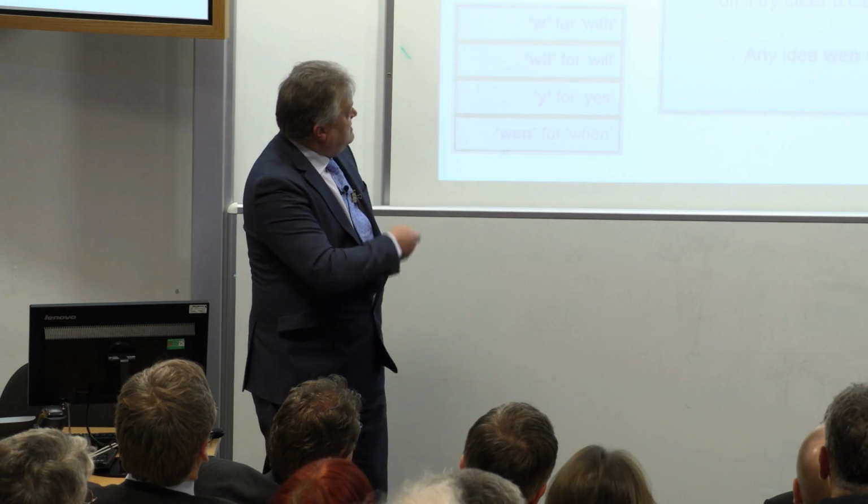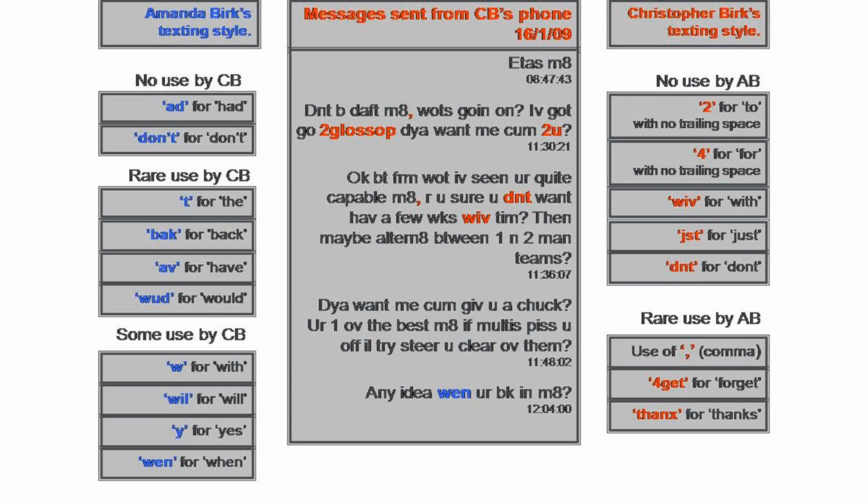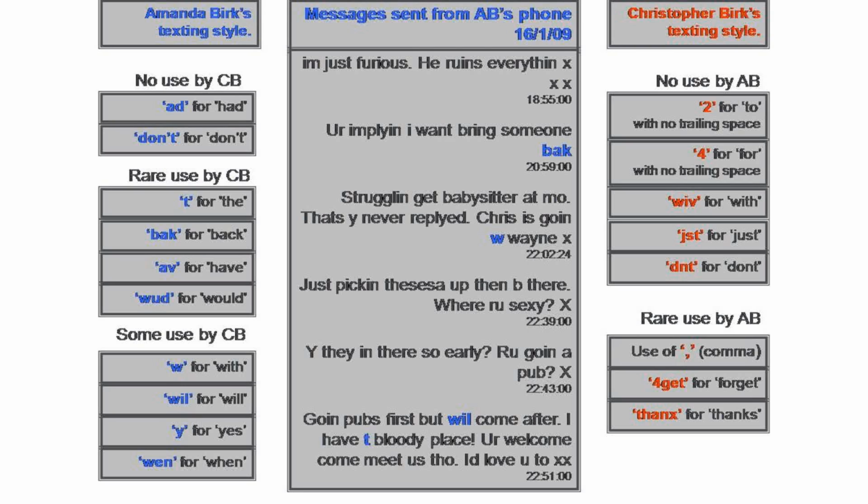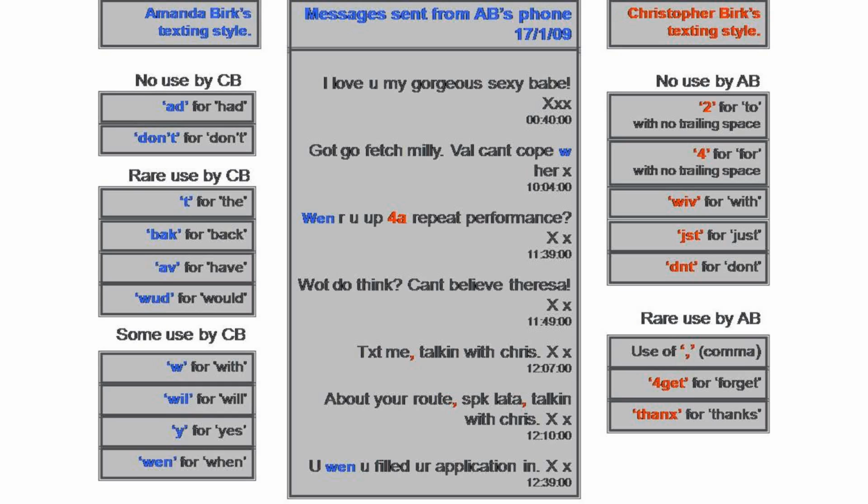And what you see in these messages from Christopher's phone is mostly Christopher Burks features, as you'd expect. There are some features here that look like Amanda Burks, but that was one of the proportional features. You can look at the same thing for Amanda's phone, and this is the day before the fire. And then we get on to the day of the fire itself.